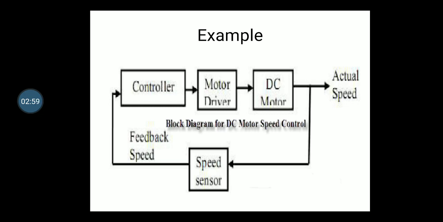Okay, current speed of the DC motor is 1000 rpm, and now I want 1200 rpm. So that means I want to increase the speed of this DC motor, and I want to control the speed at 1200 rpm.